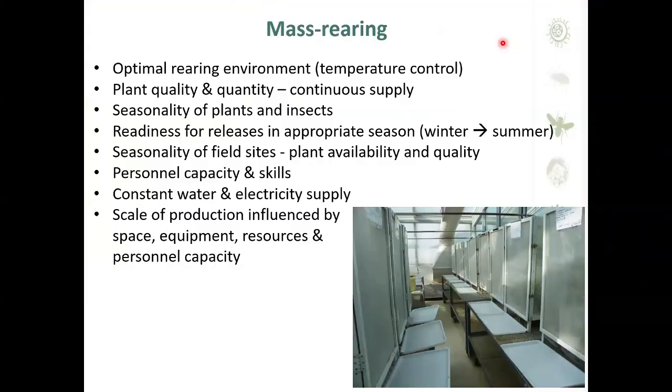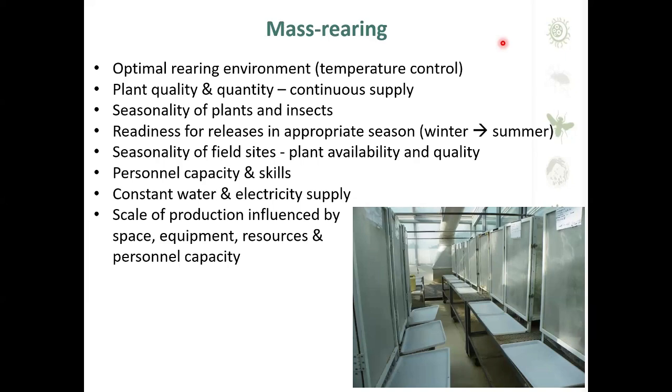The mass rearing is done ideally under temperature controlled environments. However, we have worked in facilities where it's just external, with ambient temperatures. Obviously, the outputs are less than in being able to work in a temperature controlled environment, but it is possible to do it on a more basic scale.